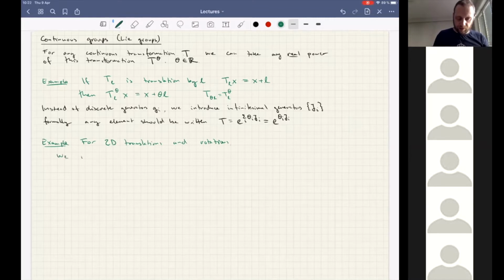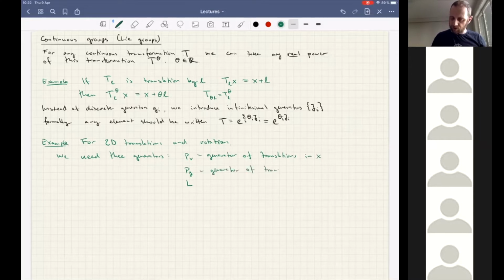So we need 3 generators. We take them to be P_x, P_y, and L. P_x is the generator of translations in x. P_y is the generator of translations in y, and L is the generator of rotations.